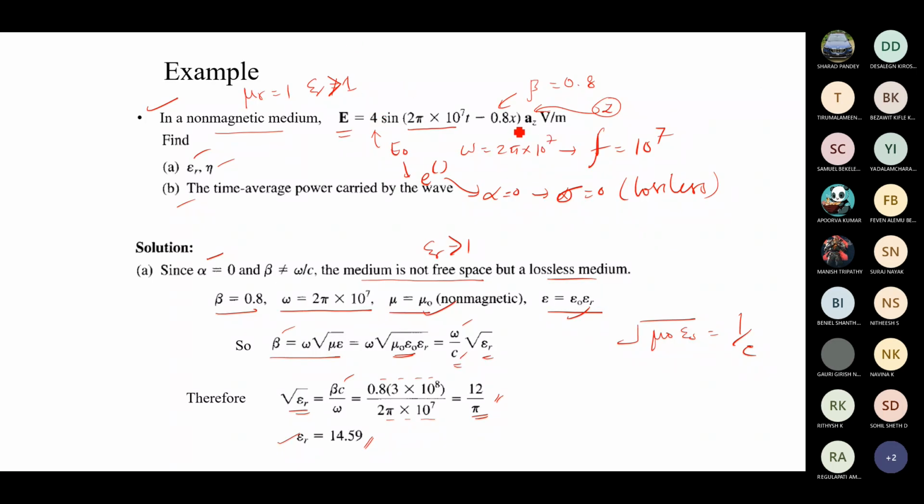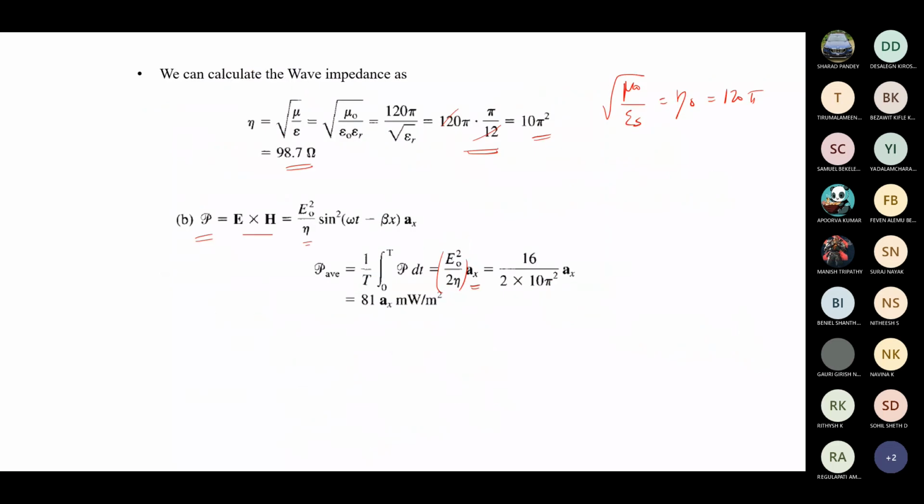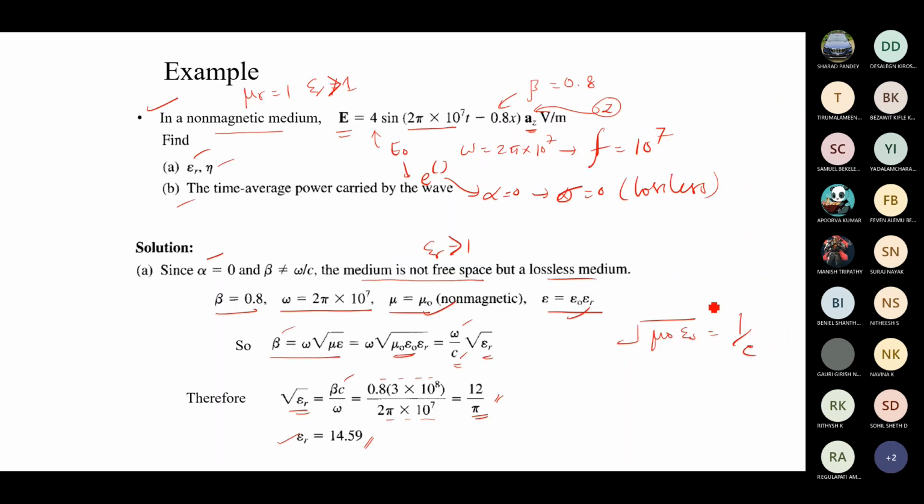So the electric field is available along the z direction. Okay, so the wave is actually traveling like this, and it is available in the z direction, and it is going to travel in the x direction. So how did we find out that it is going to travel in the x direction? The beta x is defining that.